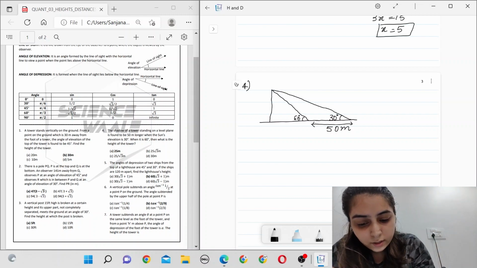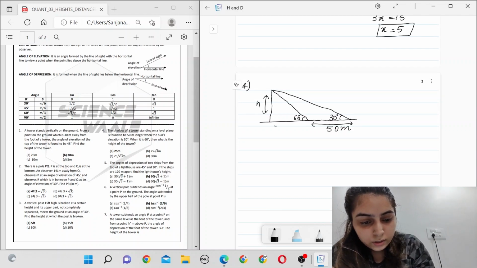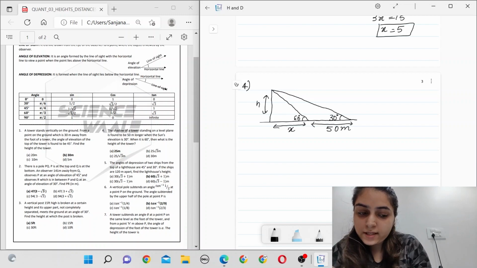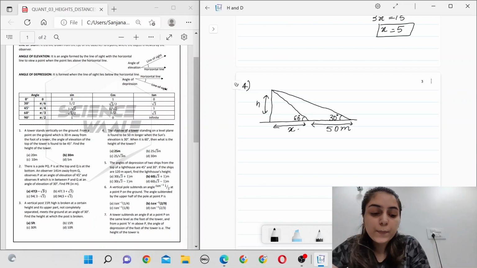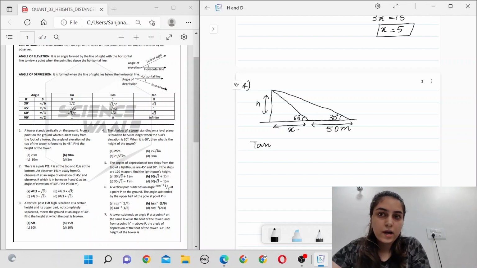We have to find the height of the tower. Let's assume the height of the tower to be h, and let's assume the base of this to be x. If we just keep on applying the tan and cot applications, we'll find the answer.